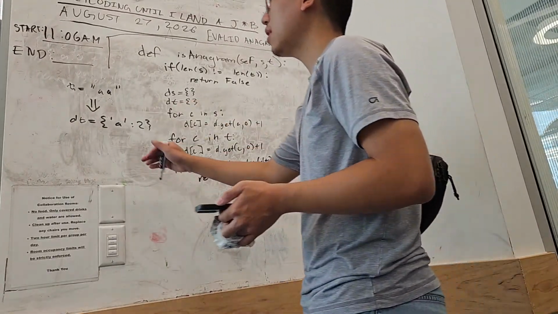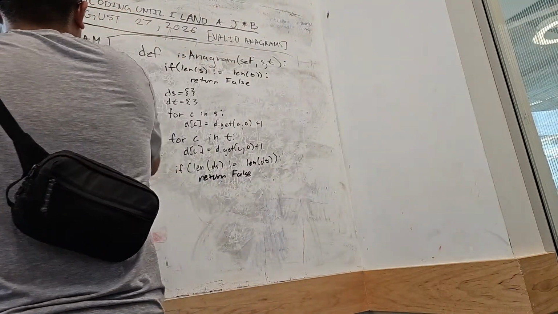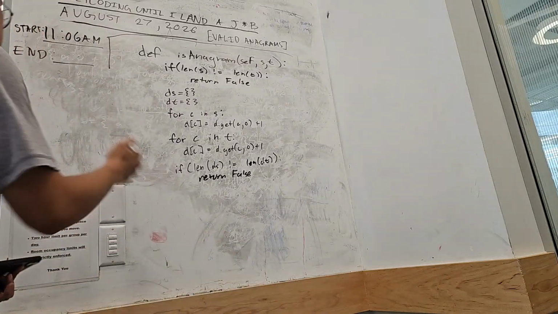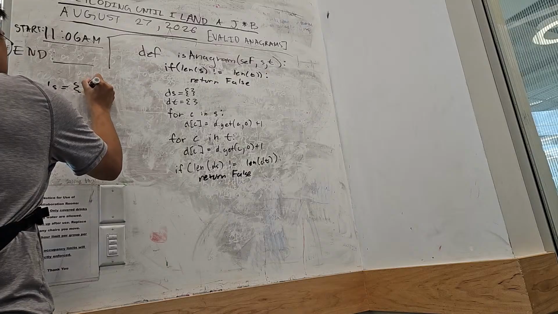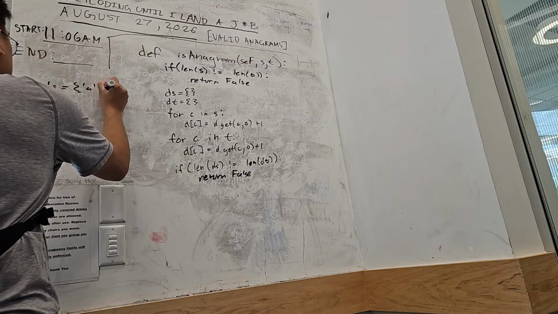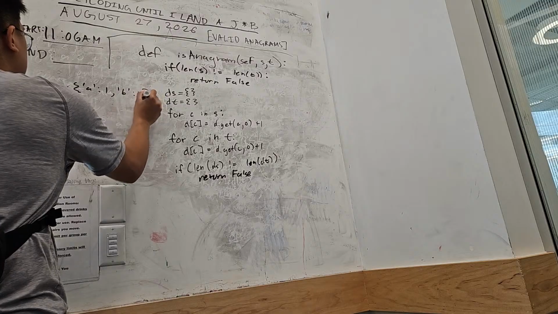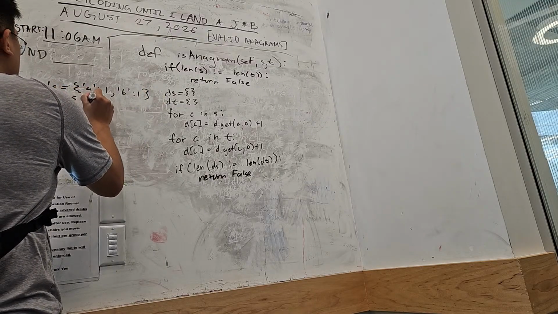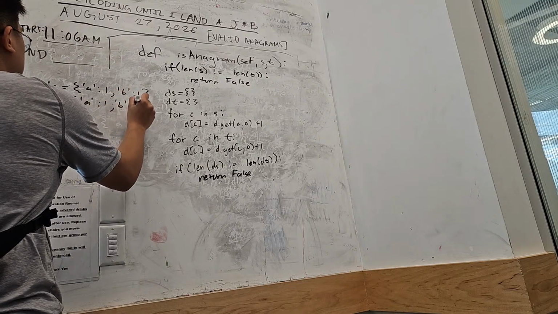Okay, so let's give it a simple case. If d of s is a 1, b 1, and d of t is a 1, b 1.